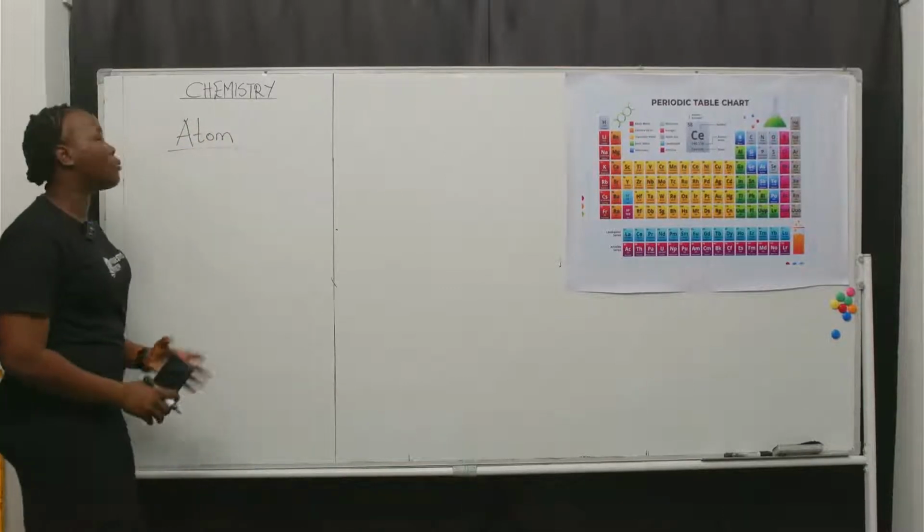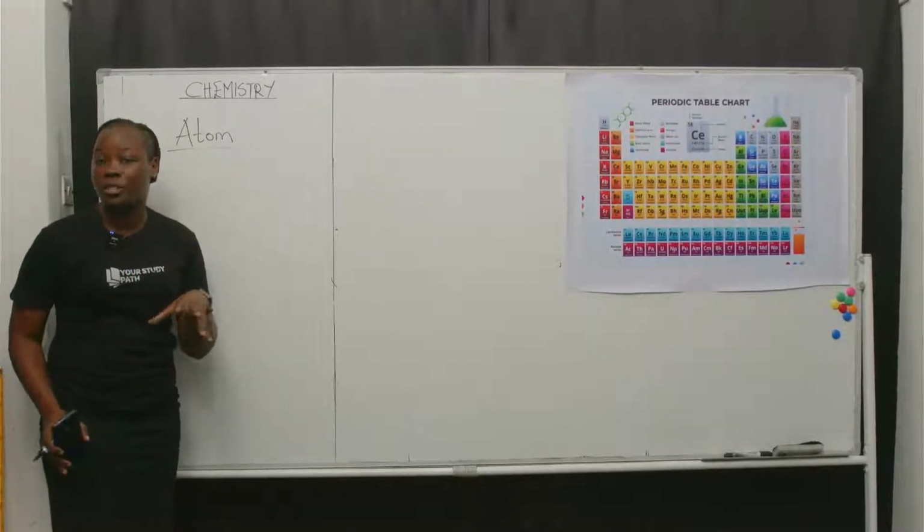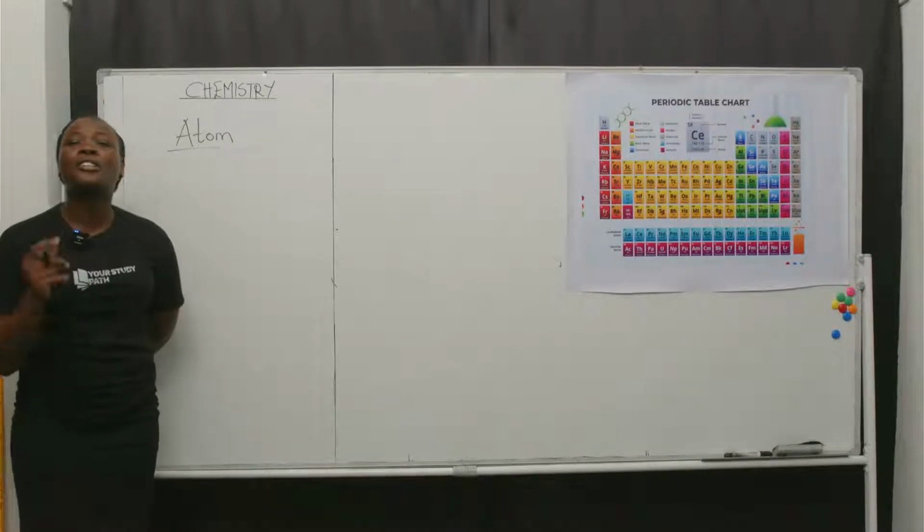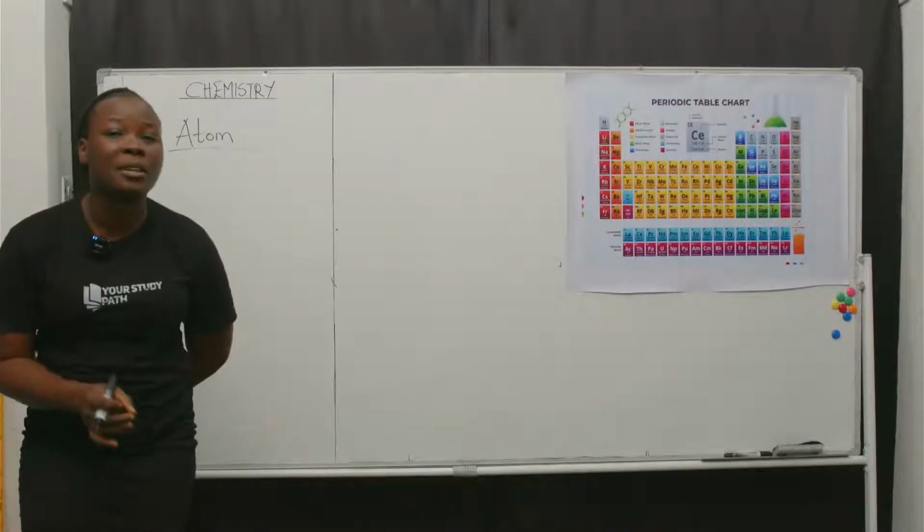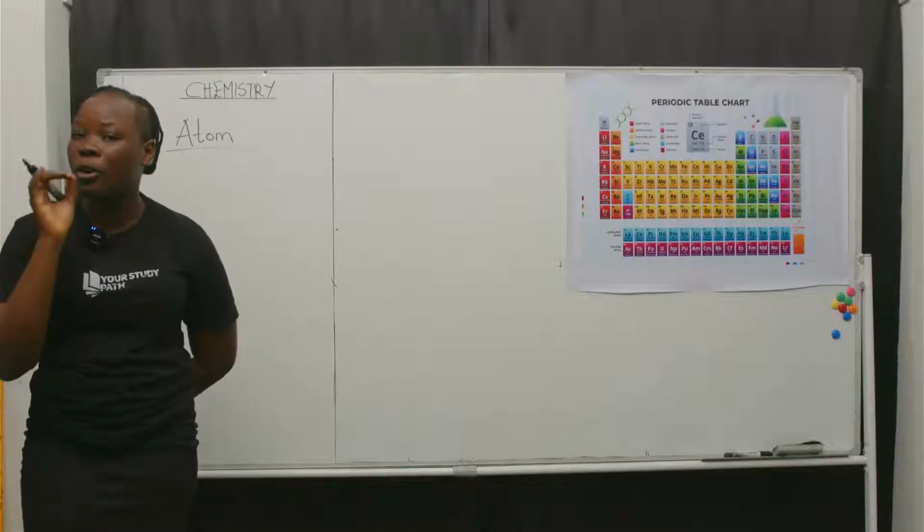Atom. I'm sure this word is not new to any one of us in this class. So what's an atom? An atom is the smallest part of an element that can take part in a chemical reaction.